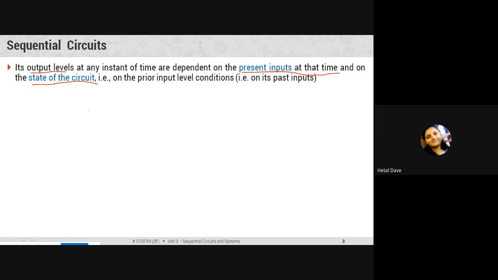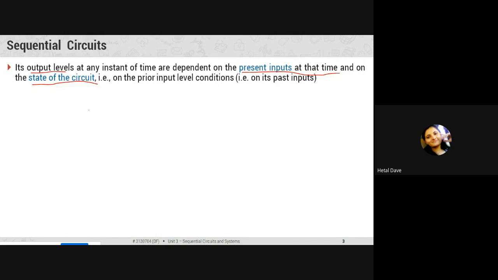Instantly, I get output. Output depends only on present input. While in a sequential circuit, output depends on two things: one is input, as well as circuit state. Whatever the circuit, its state will decide what the output is.